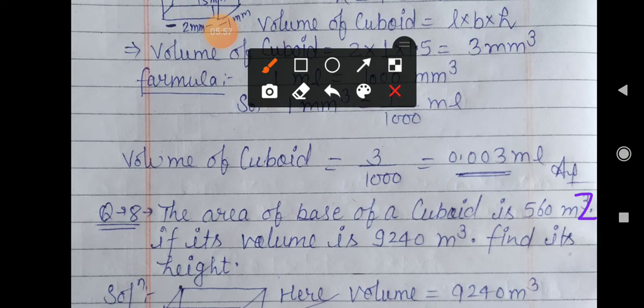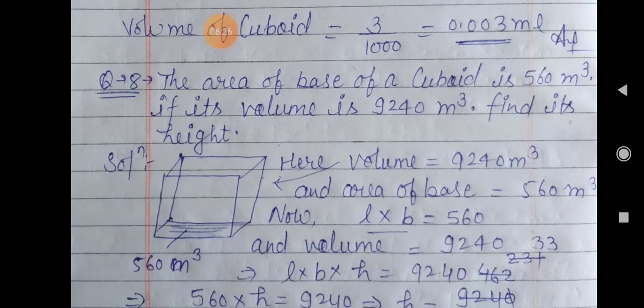You very well know the volume formula is length into breadth into height. And the base of a cuboid is a rectangle. So two things are given in this question: the area of the rectangle and the volume of the cuboid. Then you have to find the height of that shape. Okay, now how to solve this?